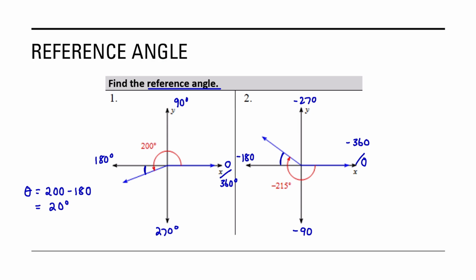If I had a negative angle, my theta would be equal to negative 215 plus 180. With that one, I would get negative 35 degrees. However, if you think about a reference angle, it is normally positive. So here, I would say it's therefore equal to 35 degrees.